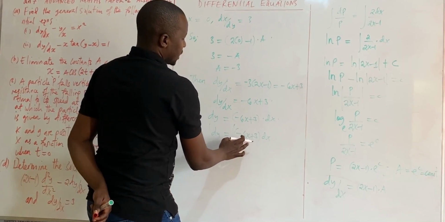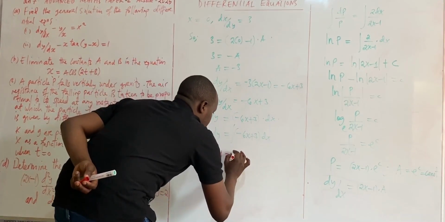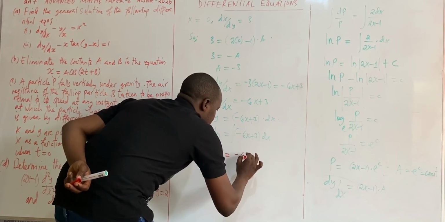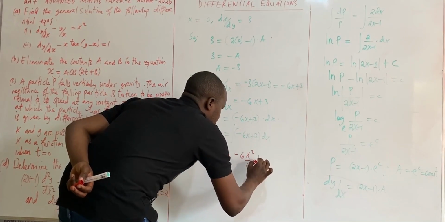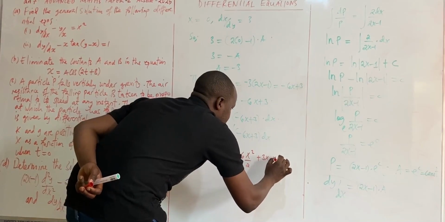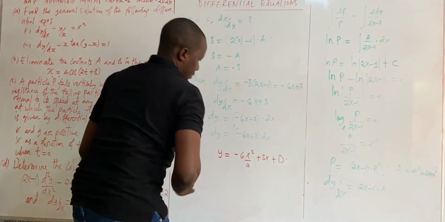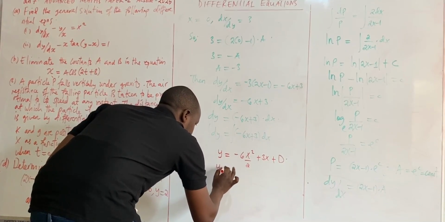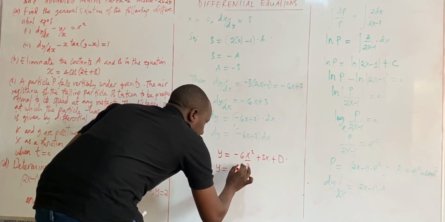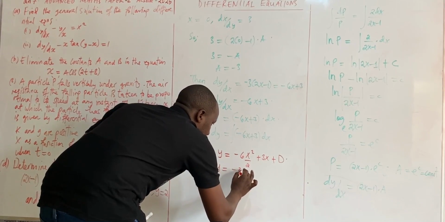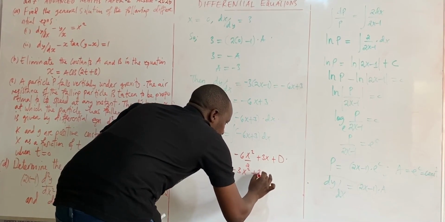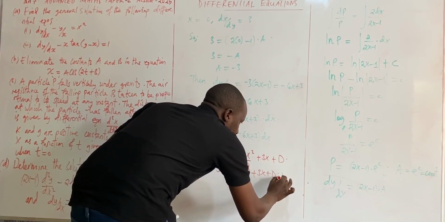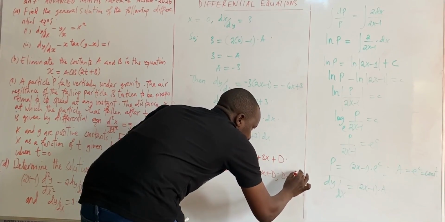Here, if we take integration inside, you will have negative 6, then x will be x squared over 2. Now we plus 3x, we plus another constant, maybe d. So you'll have y equals to negative 3, because negative 6 divided by 2 is negative 3, x squared. We plus 3x, now we plus d, where d is a constant.